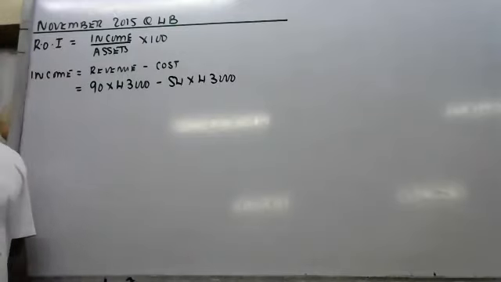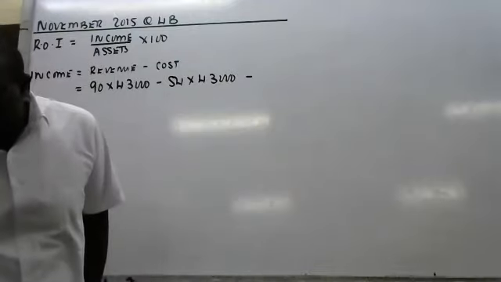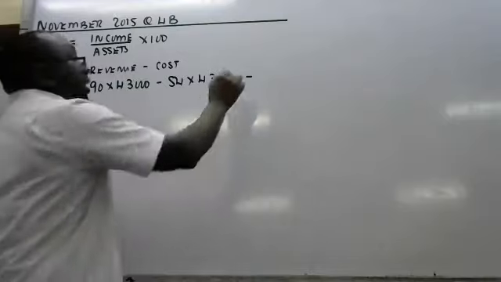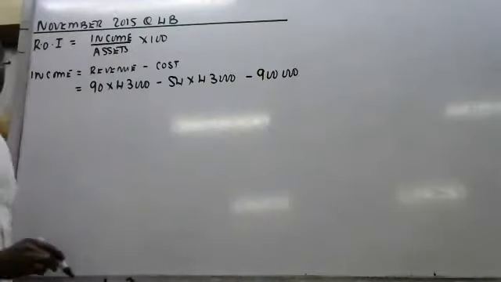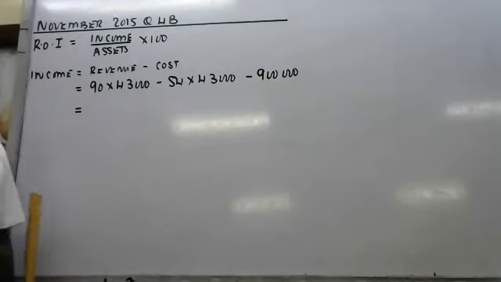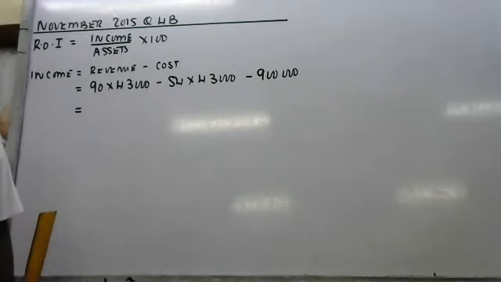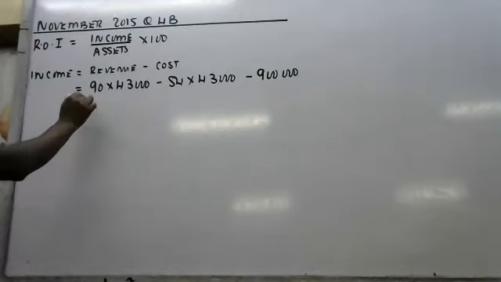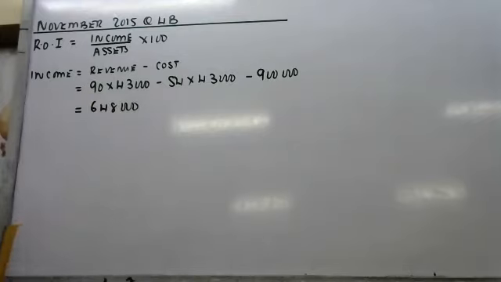Then you minus the fixed cost. The fixed cost is currently 900,000. So work out that. 648,000. That is the income.